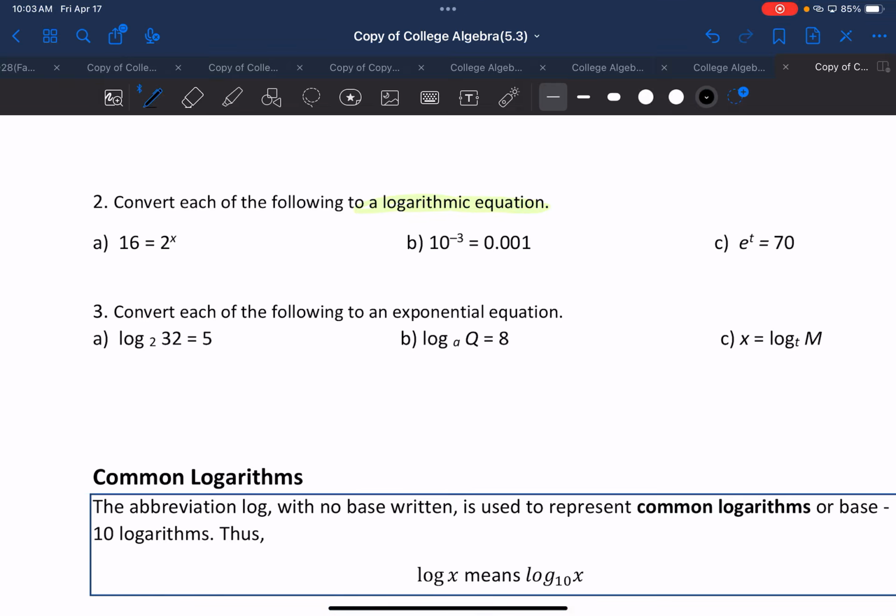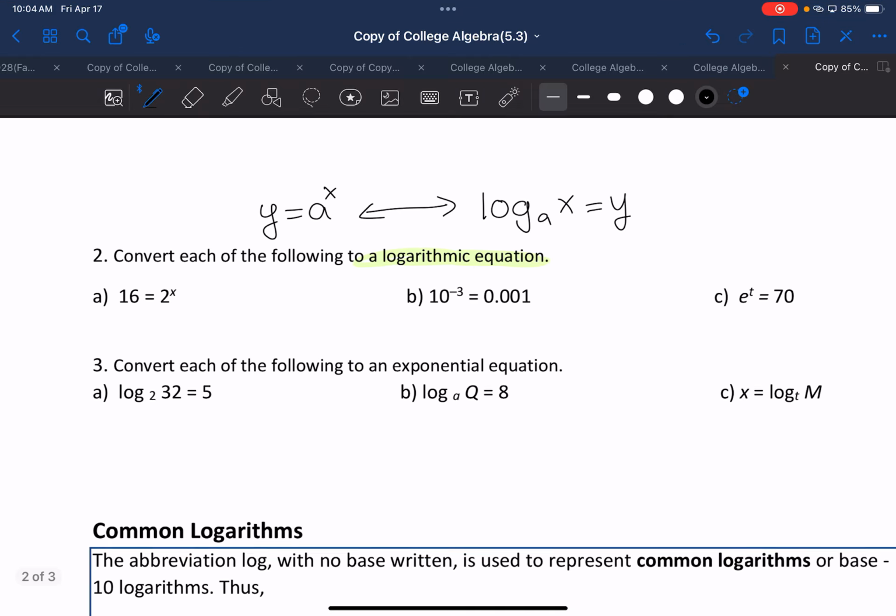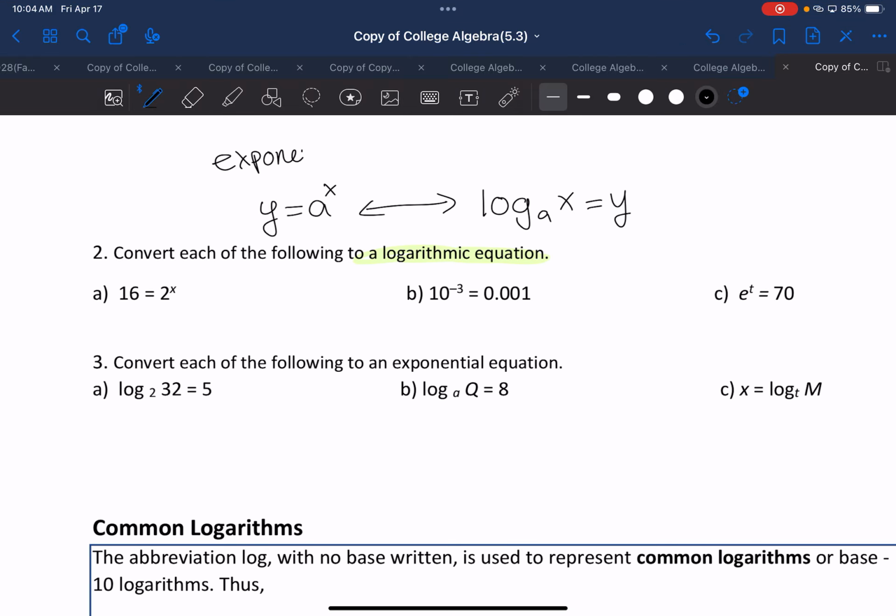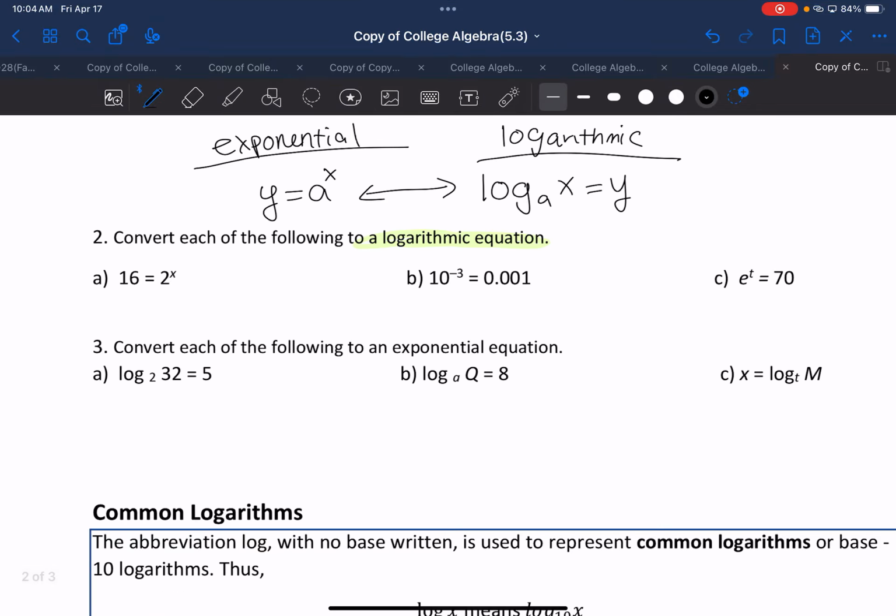So now they're giving us the exponential form, and they're wanting us to go to logarithmic form, which is this. So these are the formulas that I went over on the previous pages. This is exponential, and this is logarithmic.